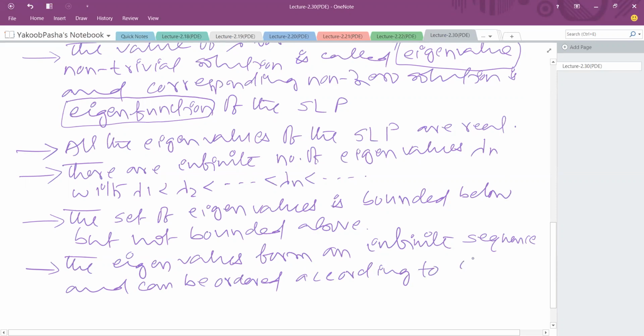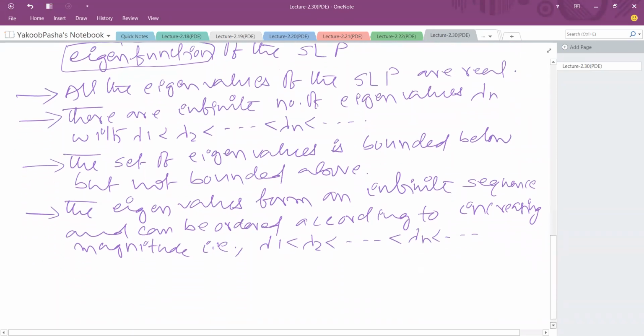That means lambda 1 is less than lambda 2 is less than, and so on; lambda n is less than, and so on.